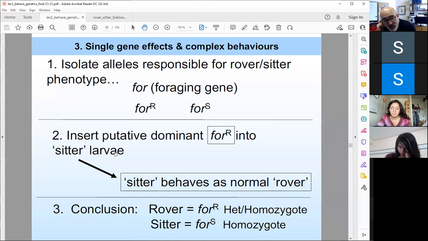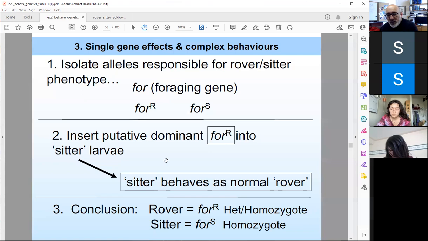Now you could isolate the different alleles. They call this gene FOR, for the foraging gene. That's the name they've given it. It has a recessive and a dominant side, so it's got a rover and a sitter allele, and the rover allele appears to be dominant.